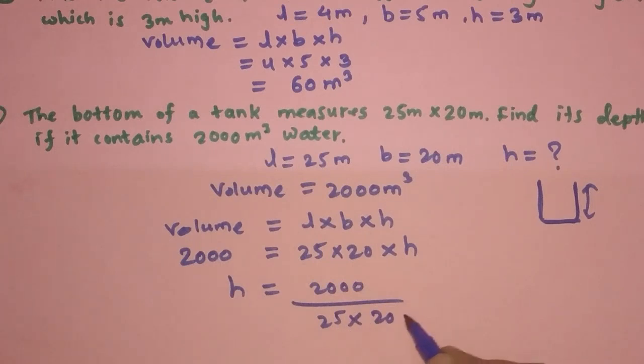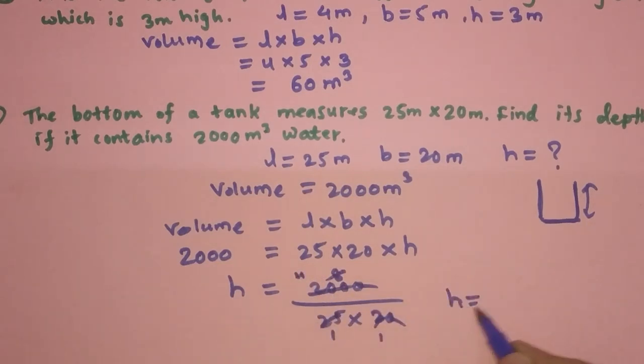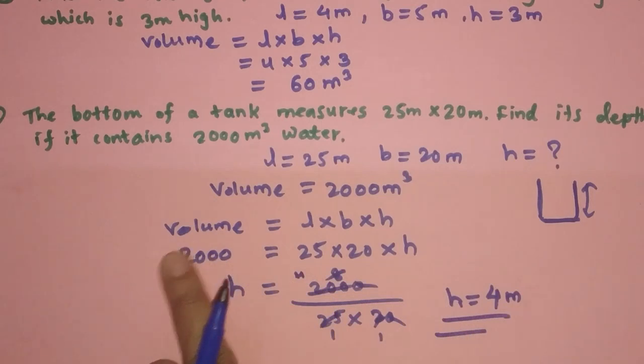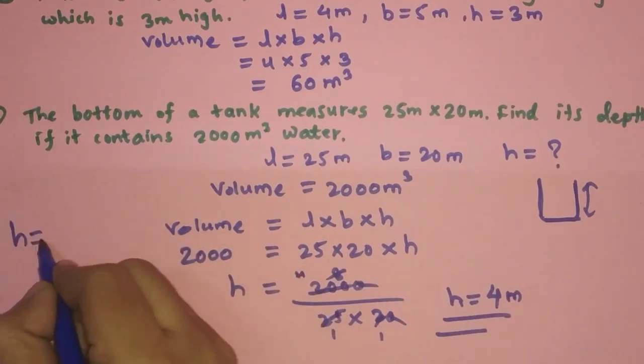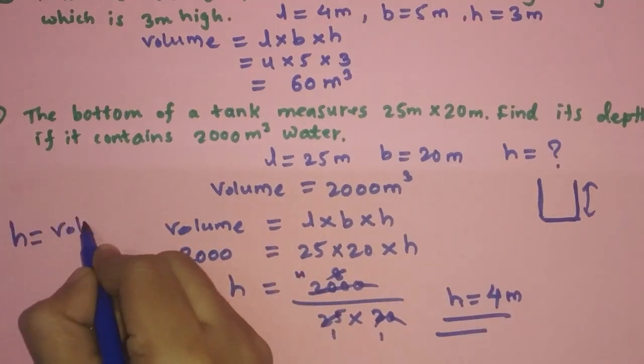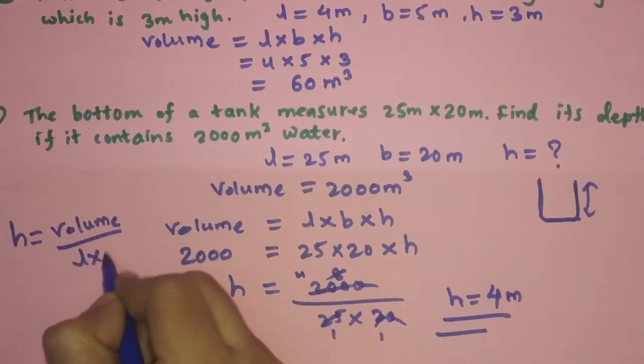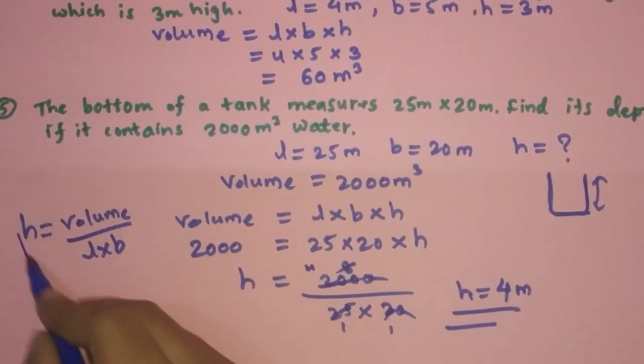We will solve it, friends. 25 times 8 is 200, 25 times 4 is 100... so we'll get height is equal to 4 meter. So you can alter the formula: height is equal to volume divided by L into B. You can go for this formula also.